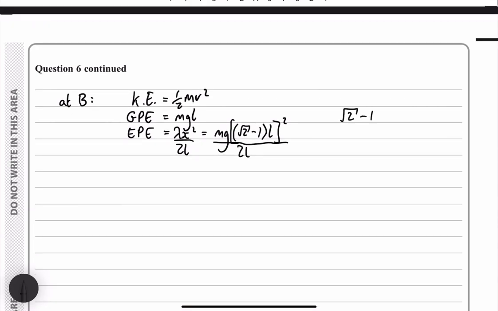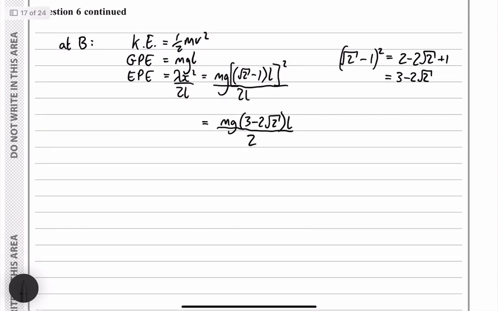Root 2 minus 1 squared is equal to 2 minus 2 root 2 plus 1, 3 minus 2 root 2. So this becomes mg (3 minus 2 root 2) times L squared, but we've got an L on the bottom, so I'll just put L there and a 2 there.